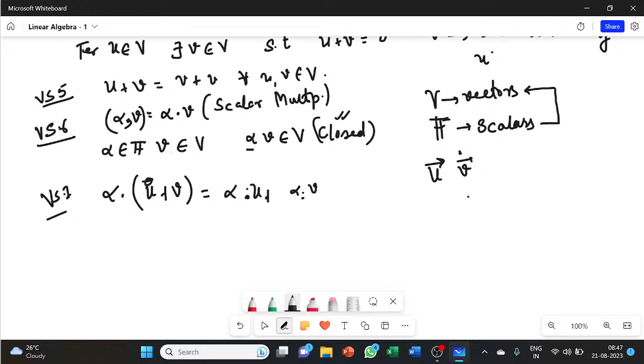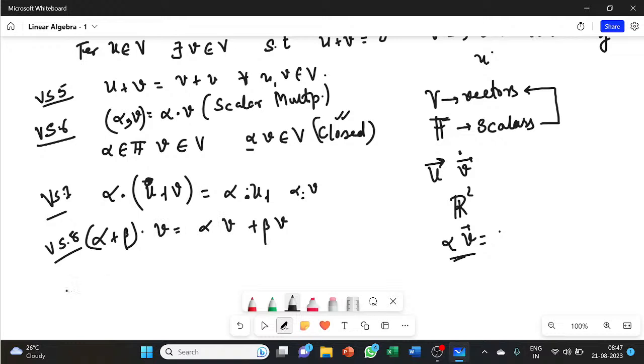So if I'm doing the same thing for R squared, I would say alpha is a scalar, and alpha times v vector is scalar multiplication. But for the general case, I'm writing dot here. Property number 8: if alpha and beta are two scalars and I scalar multiply with some vector v, then alpha plus beta times v gives alpha v plus beta v.